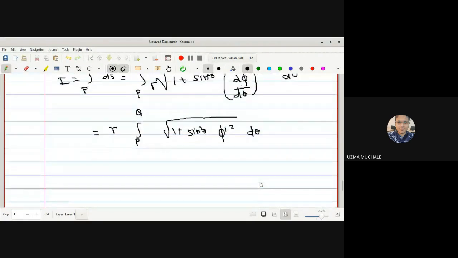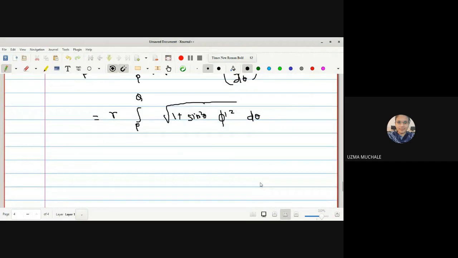Instead of writing d phi by d theta, we can write phi dash square, okay? Now this is your integrand, correct? You can write this as r also. R को अगर आप अंदर मल्टीप्लाई करेंगे तो आपका इंटीग्रेंड क्या हो जाएगा?